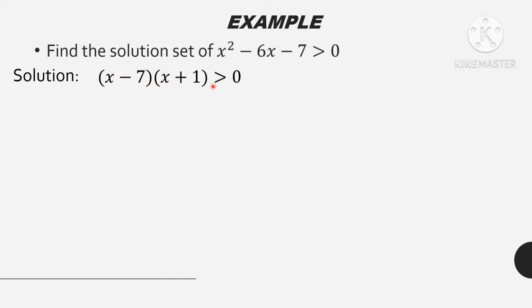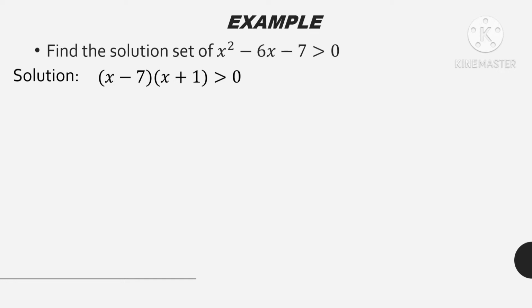So, from this statement, the two expressions are being multiplied and the result is greater than 0, meaning positive. So, it shows that to have a positive product, the two factors have same sign. So, maaari parehas silang positive o di kaya parehas silang negative.